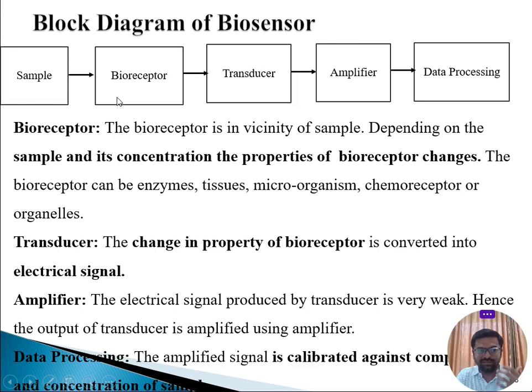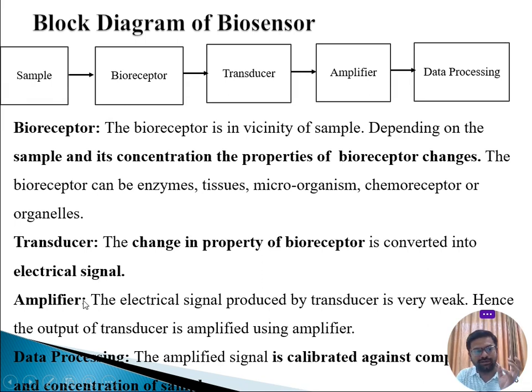That change from the chemical reaction is used by the transducer to represent it as an electrical signal. After the reaction between the sample and the bioreceptor, a chemical property changes, and that change in the property is accepted by the transducer and converted into the electrical signal.